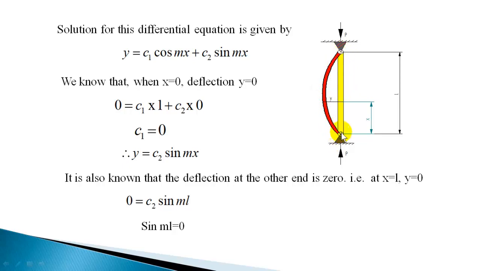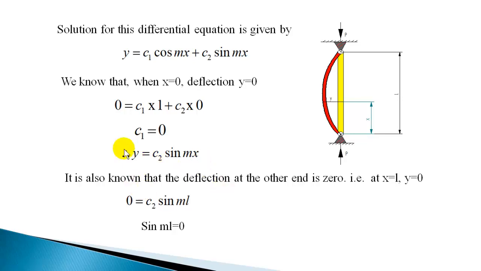So we can immediately write: x is 0, y is 0. In this solution, we can substitute y as 0 when x is 0. When x is 0, cos 0 is 1 and sin 0 is 0. So you will get C1 as 0. So the constant C1 is 0 in this solution, and you get the equation y is equal to C2 sin mx.